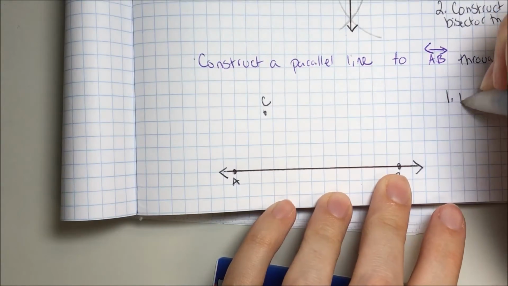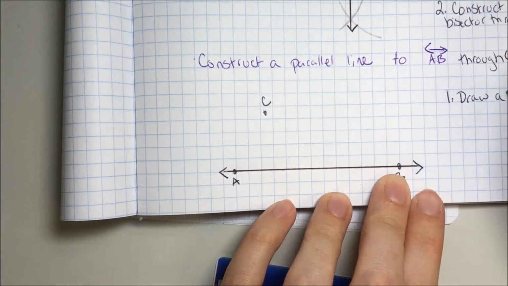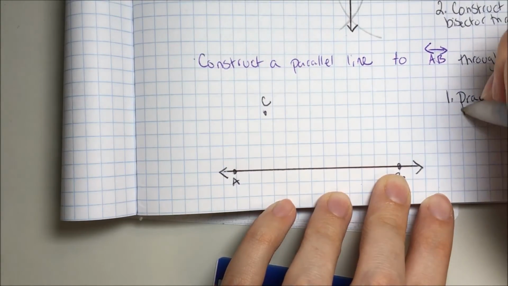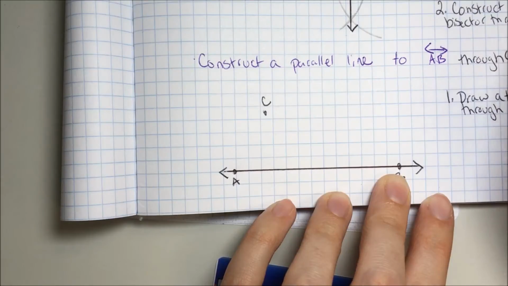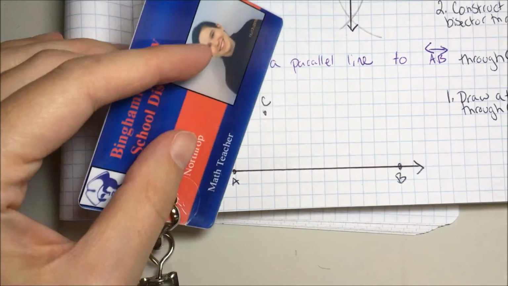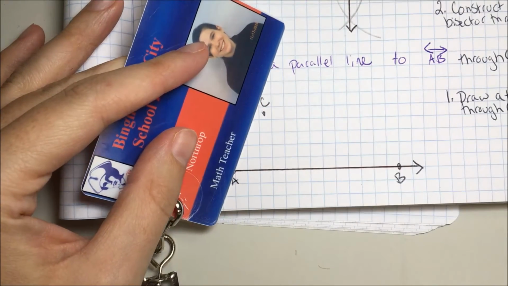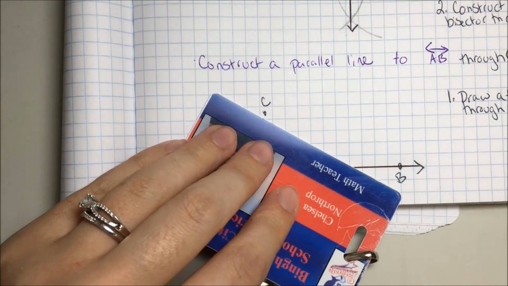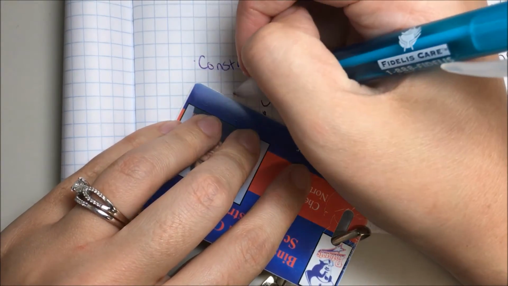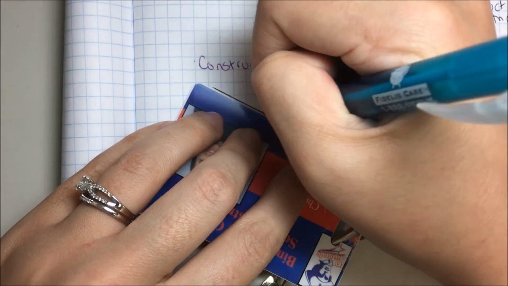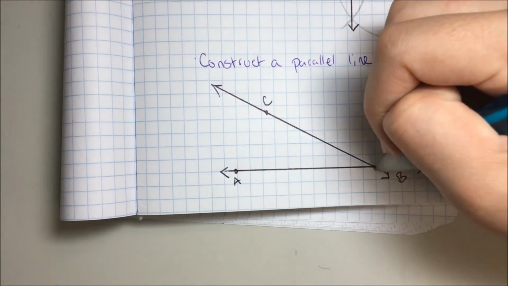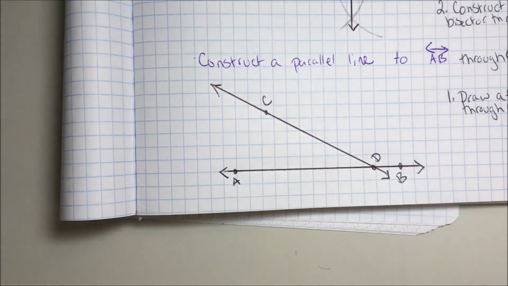Step one: draw a transversal through C. So I'm going to take my handy dandy straight edge and draw a transversal that goes through C and AB. I'm going to mark where it intersects as D.